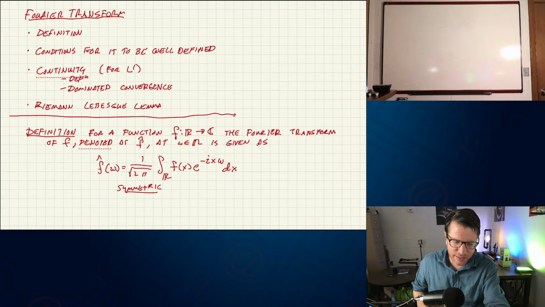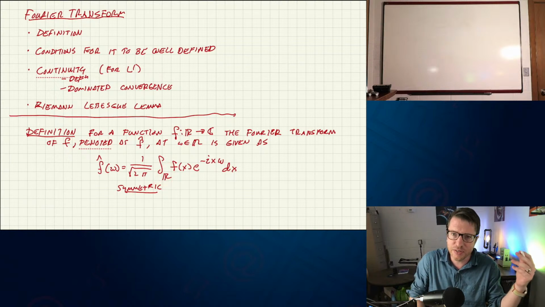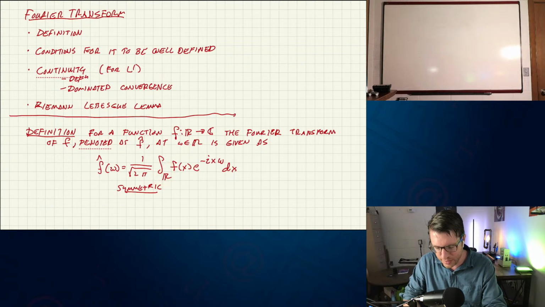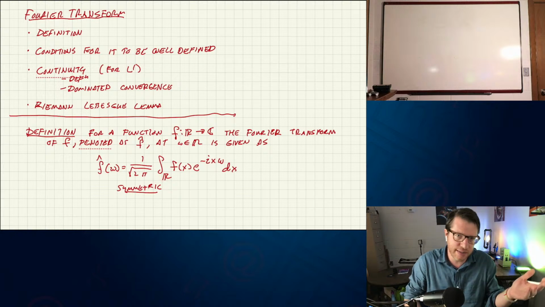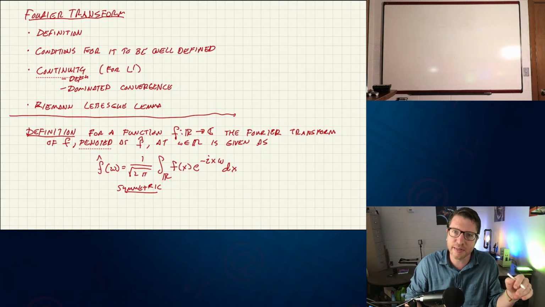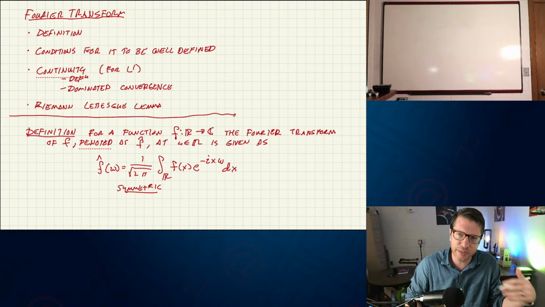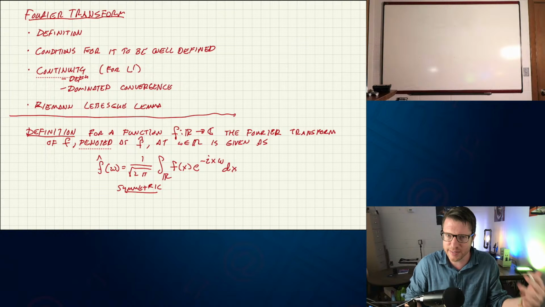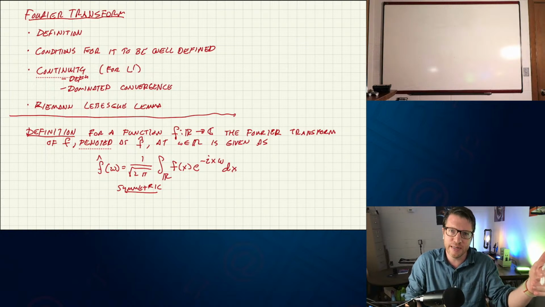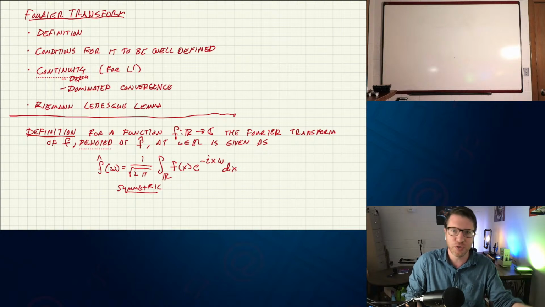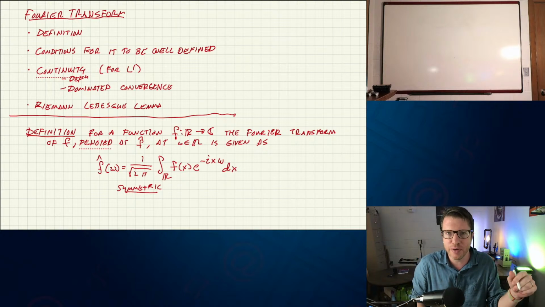Another thing to mention is that we are integrating over R. Instead of just putting minus infinity to infinity, which would technically be the same in the right context, I want to emphasize that this is an integral usually thought of in the Lebesgue sense. That's because we want things like absolute integrability implying integrability, which doesn't always happen for the Riemann integral.